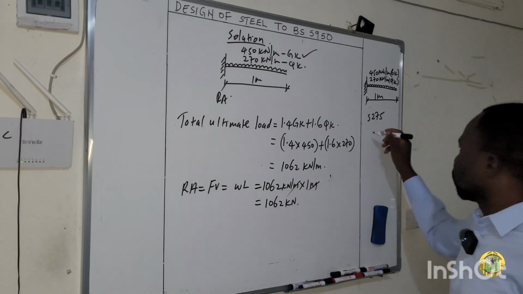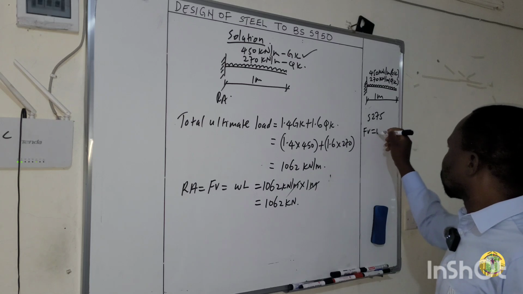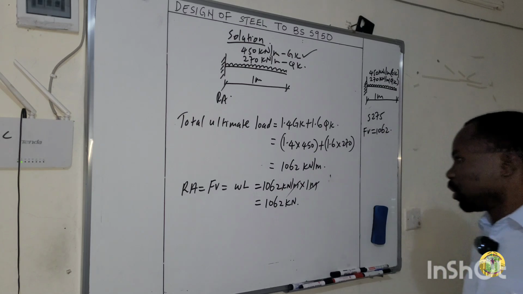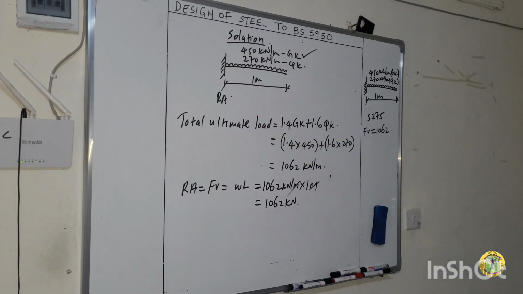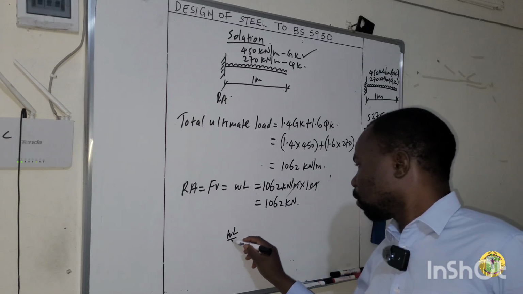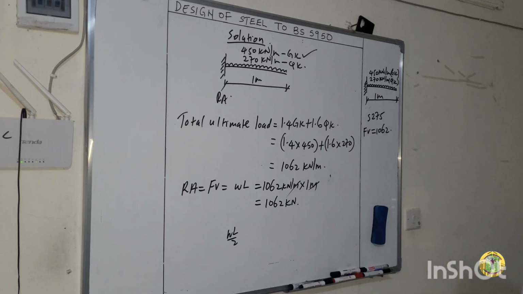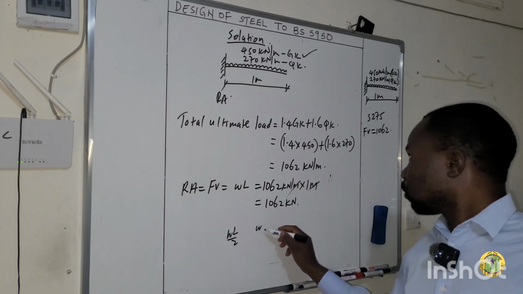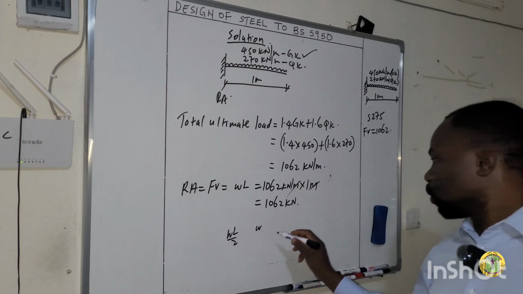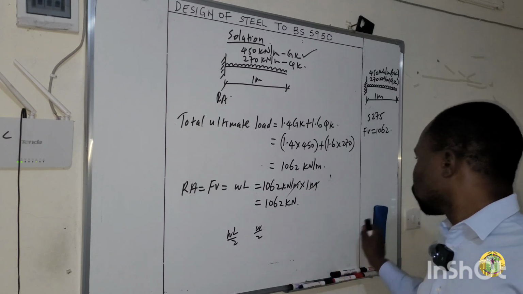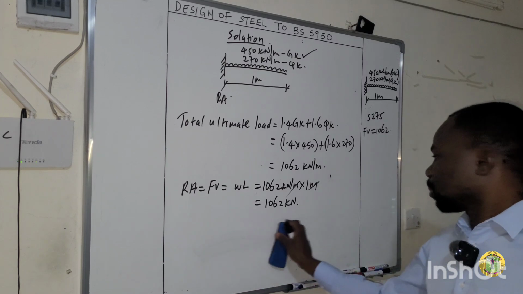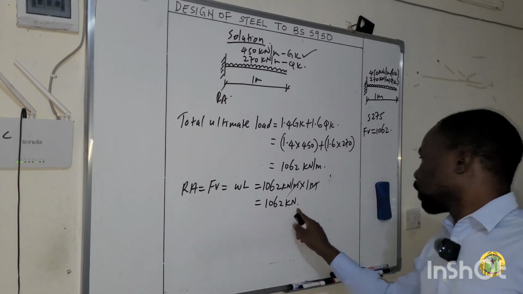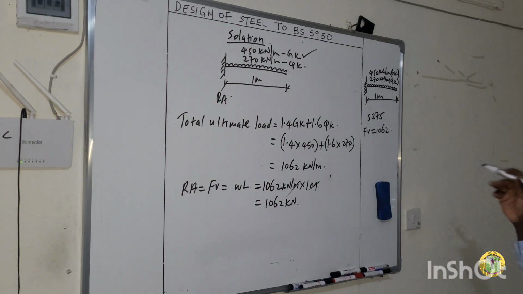So you can come here and say FV is equal to 1062. Remember, this is not a simply supported beam, whereby to calculate the reaction we always use the formula WL over 2 for a UDL, or for a point load with a concentric load, W over 2. But for this case, this is a cantilever beam. So this is the reaction at A, which is FV.